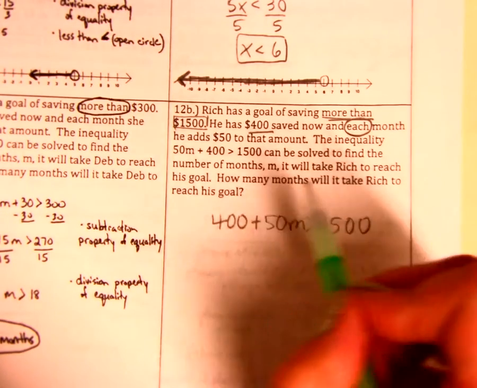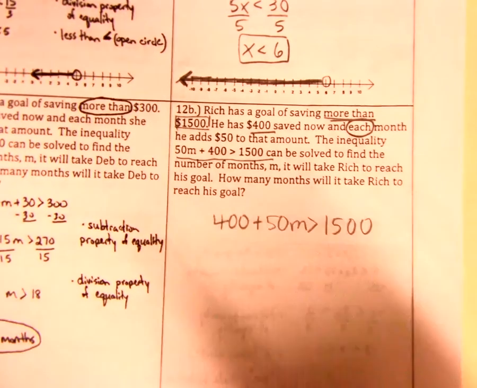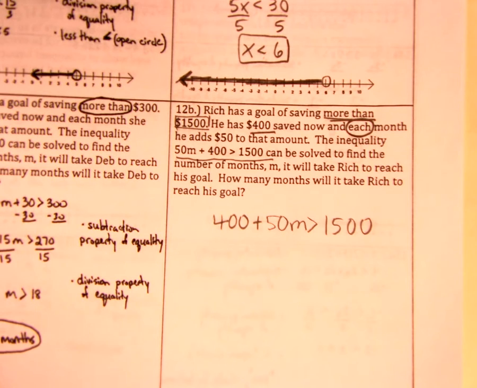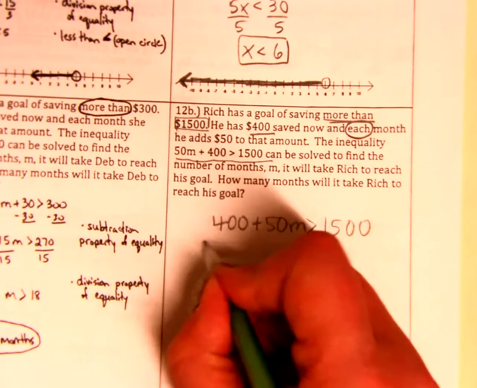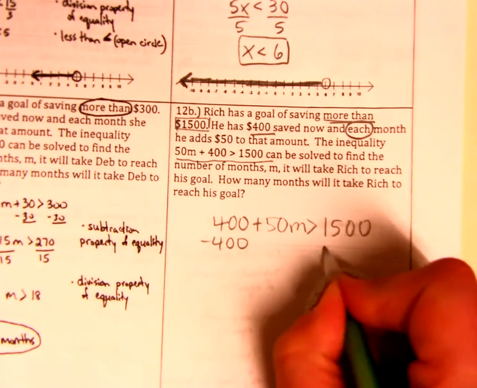Oh my gosh, look, it's already here for you. How cool is that? We didn't even have to write that. All right, so he adds $50 each month to it. It can be solved to find the number of months it will take Rich to reach his goal. How many months will it take him to reach his goal? So we're just going to solve this. Subtract 400 from both sides.